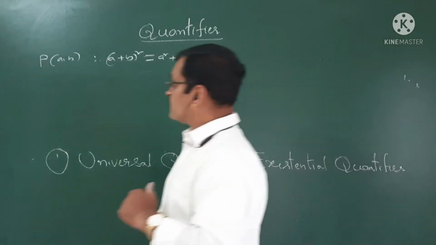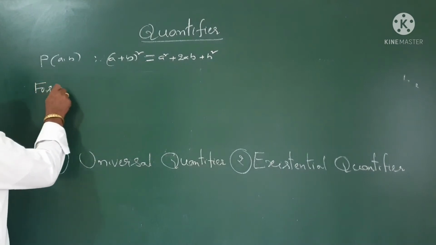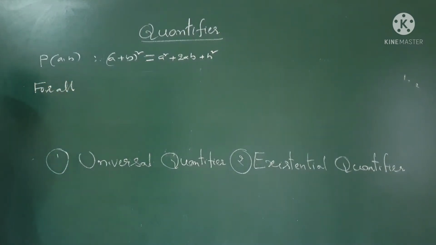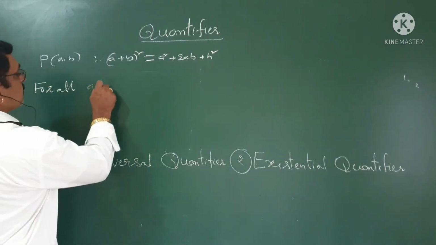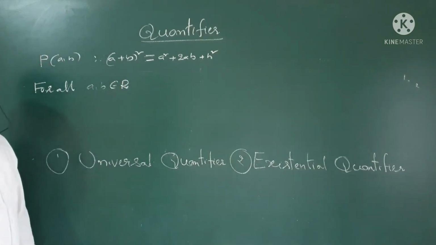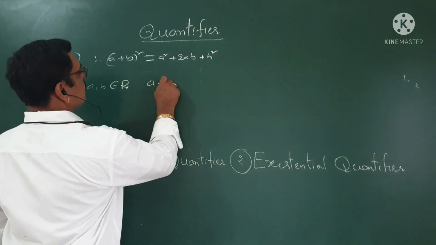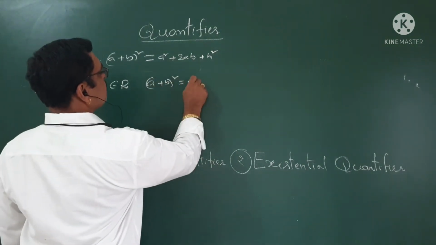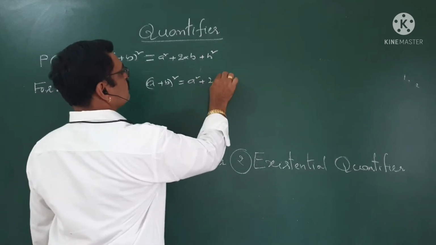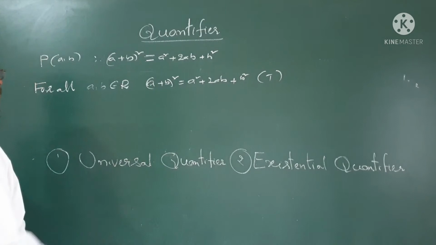So how do you express it? For all a comma b belongs to real numbers, a plus b whole square is equal to a square plus 2ab plus b square, of course in bracket. So this is how.